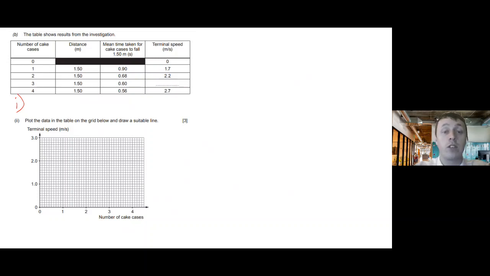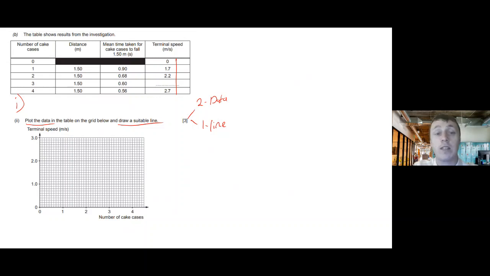We can just focus on the plotting aspect and plot the data on the grid below and draw a suitable line. So think plot data, draw line. So 2 marks will be for plotting of data, and 1 mark will be for your correct line.